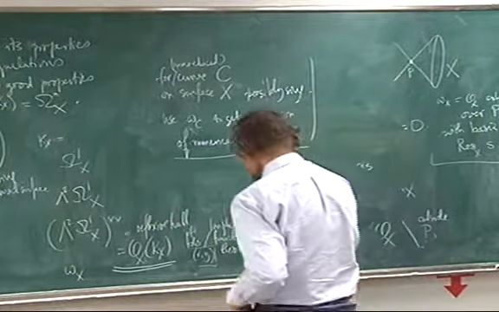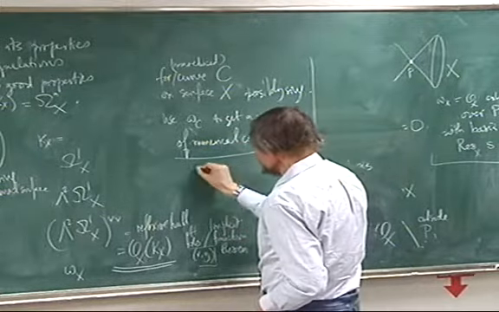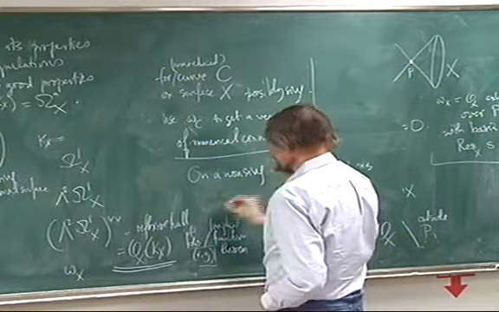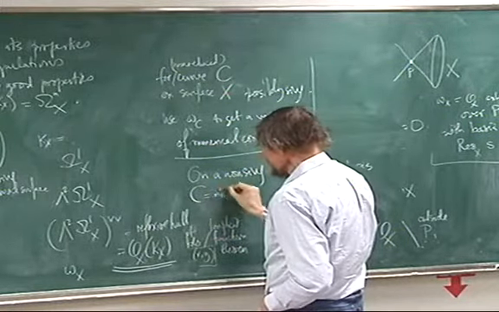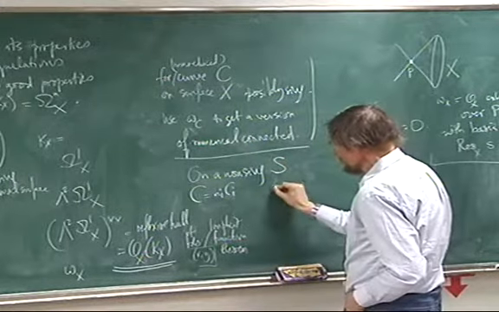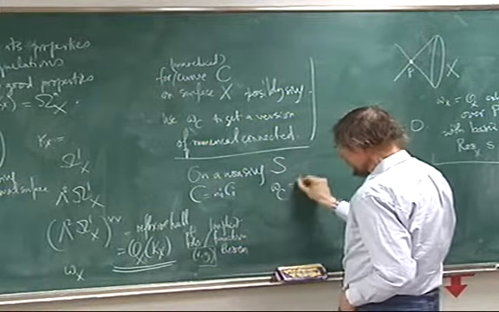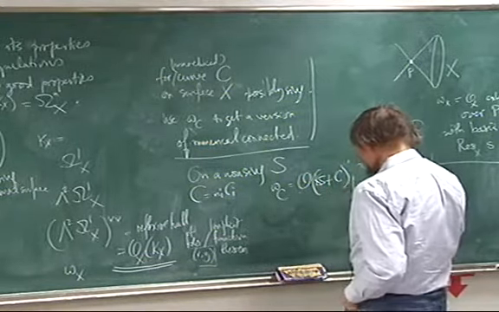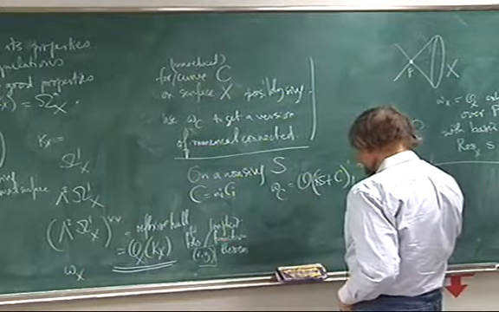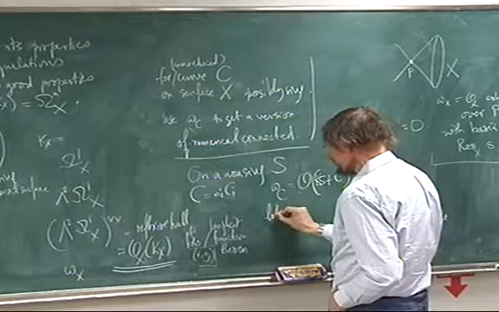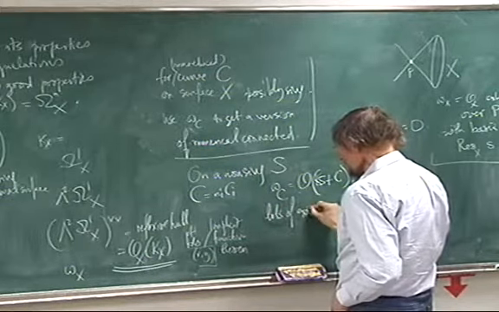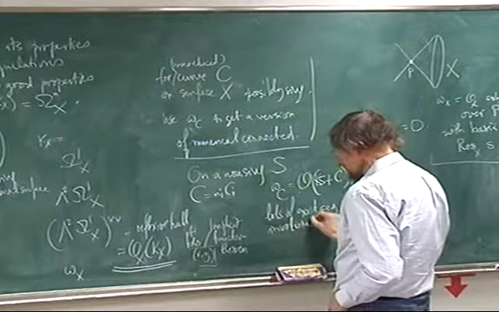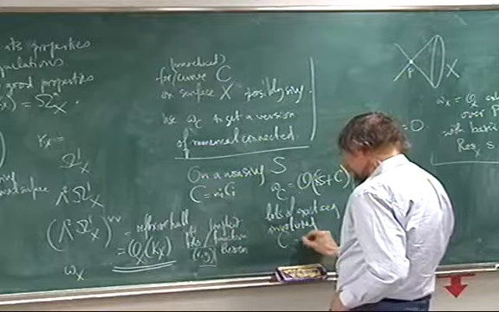On a non-singular surface, if C is a complete intersection, then omega C is O_S(K_S + C) restricted to C, and I have lots of exact sequences involving C = A + B.